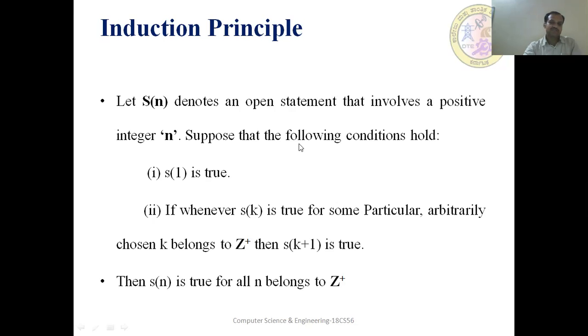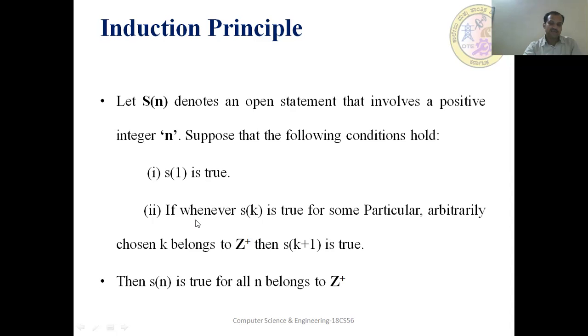It has basically two steps. First, let us assume S of n as the open statement that takes the universe as the set of all positive integers n. Whenever we want to solve any problem based on mathematical induction, we need to follow two steps. First we assume the open statement is true for n equal to 1.